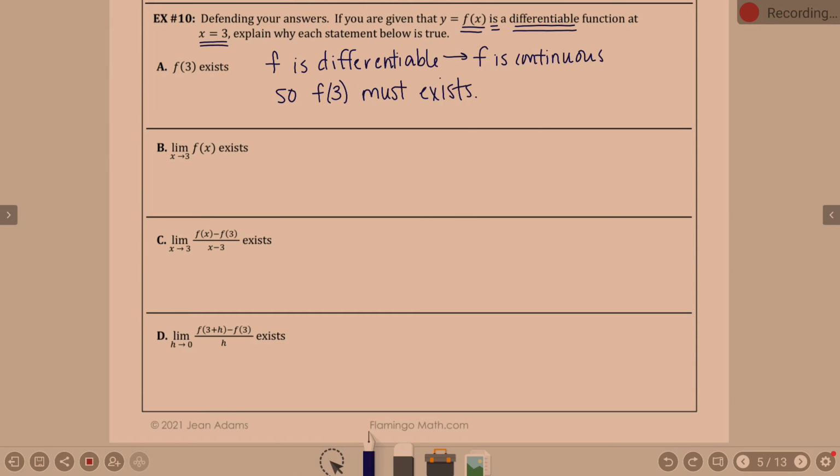If it's continuous, the limit exists, and that point exists, right? It's the limit from the left equals the limit from the right, but the limit exists. So again, since f is differentiable, it's continuous, and thus the limit must exist. So, can I shorthand this? Since f is diff, and it's also continuous, so I can say that the limit as x approaches 3 of f of x must exist.